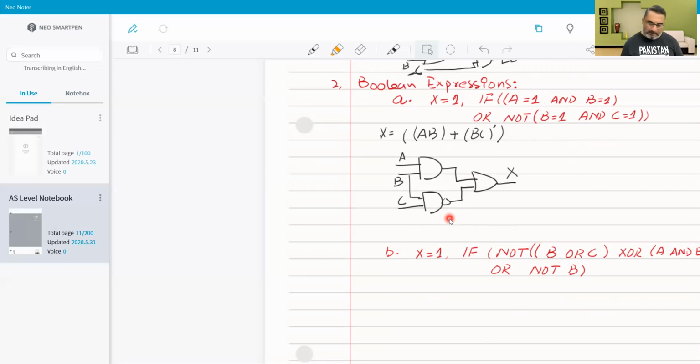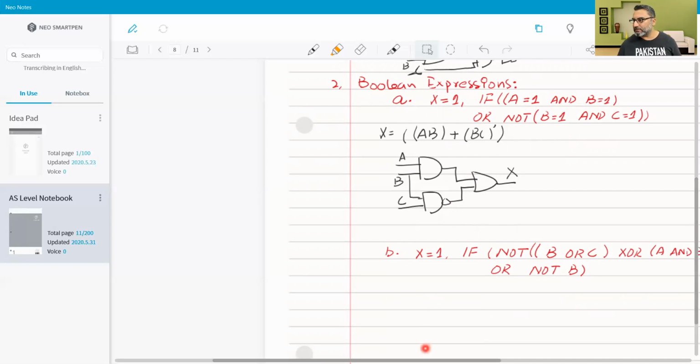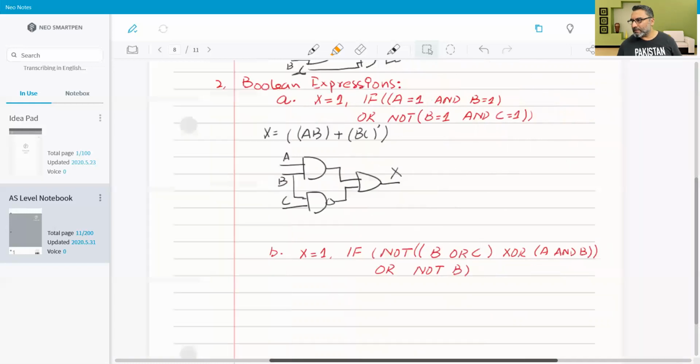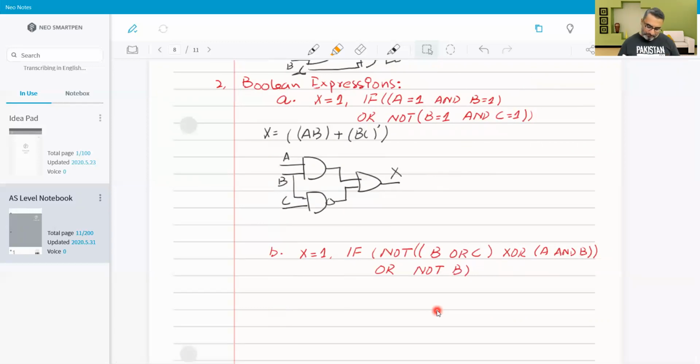So in part B, you have one more expression which says X is equal to 1 if NOT (B or C) exclusive OR (A and B), or NOT B. So this would be B or C whole NOT, exclusive OR A and B, again in brackets, OR NOT B. This is being assigned to X, and then you can simply create the logic circuit out of it.